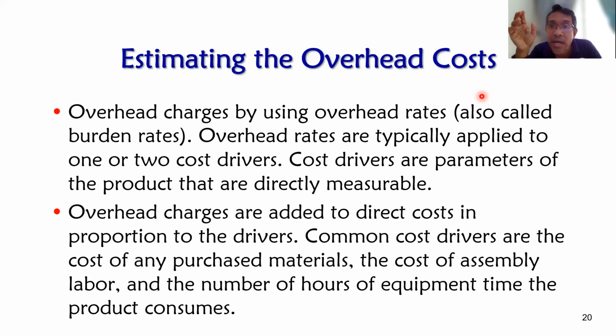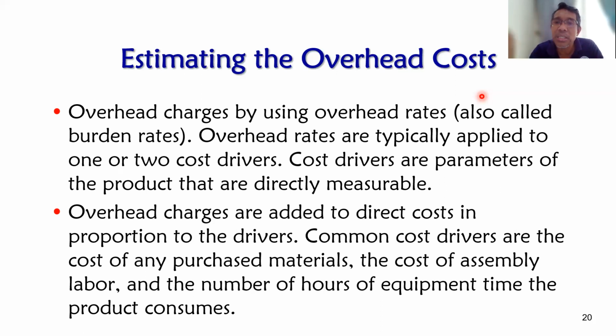Overhead rates are typically applied to one or two cost drivers. Cost drivers are parameters of the product that are directly measured. These overhead charges are added to each direct cost in proportion to these drivers.